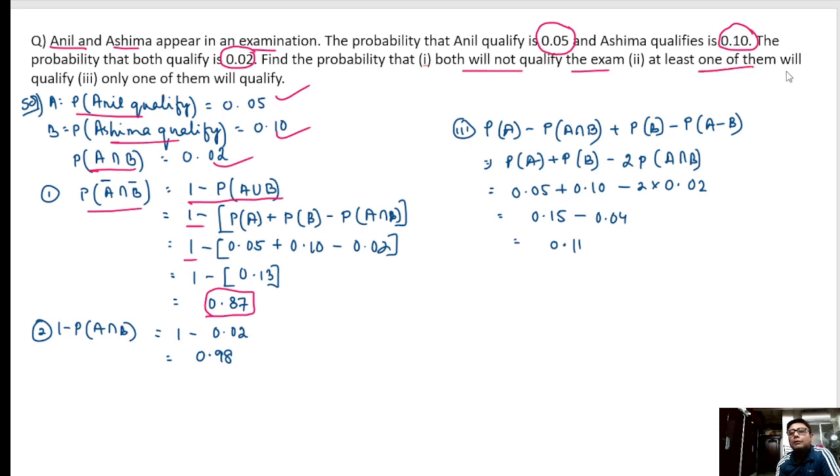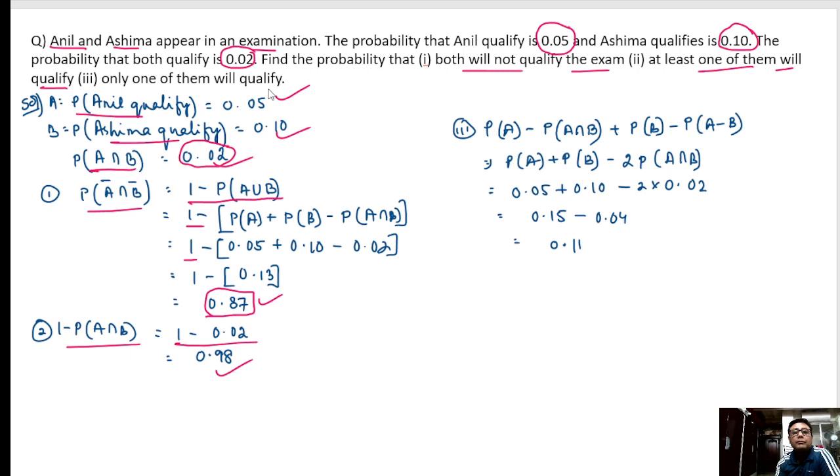At least one of them will qualify, or both can qualify. Either this, both will not qualify is this. So both will qualify will be this. 1 minus both not, 1 minus both qualifying will give you either one of them will qualify.